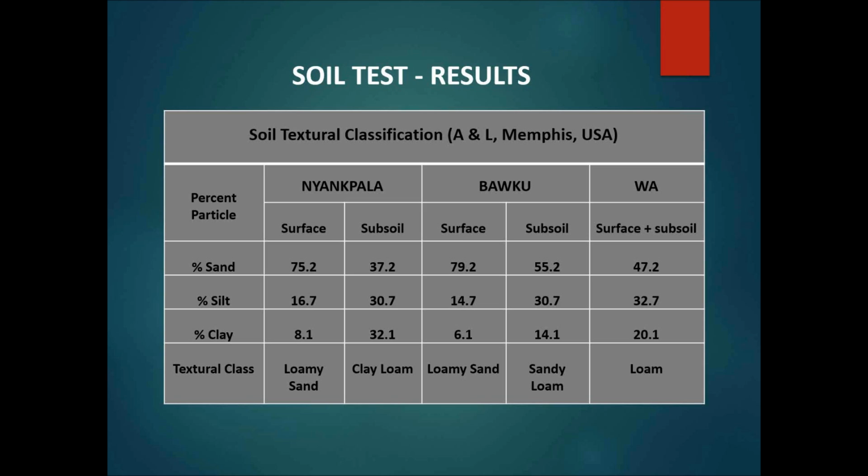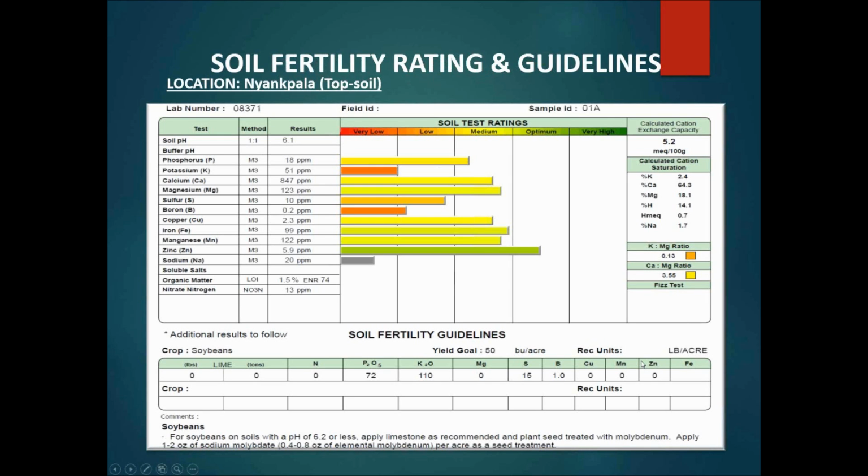So I just combined the 2 of them. That's why we have surface and subsoil together. All together, the result was that it was low. Now for the soil fertility rating and guidance, what we are seeing on this is the topsoil results.